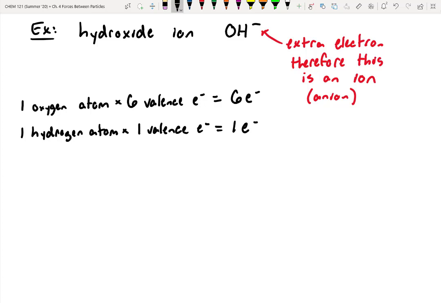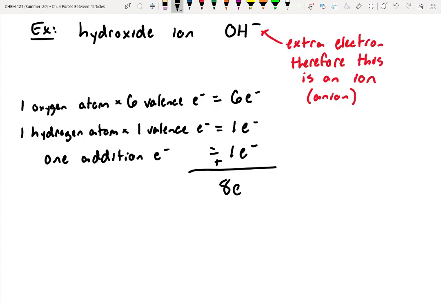However, we also have one additional electron, right? That's what the negative charge indicated. So if we account for that one additional electron, we can add all of these up. That means we've got 8 electrons total.